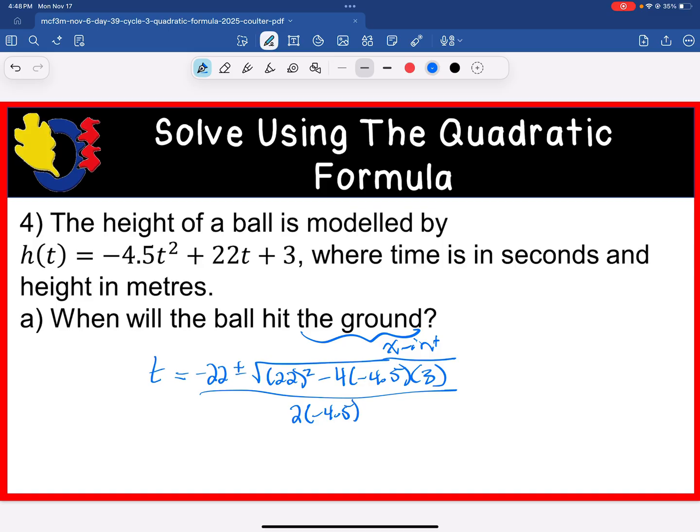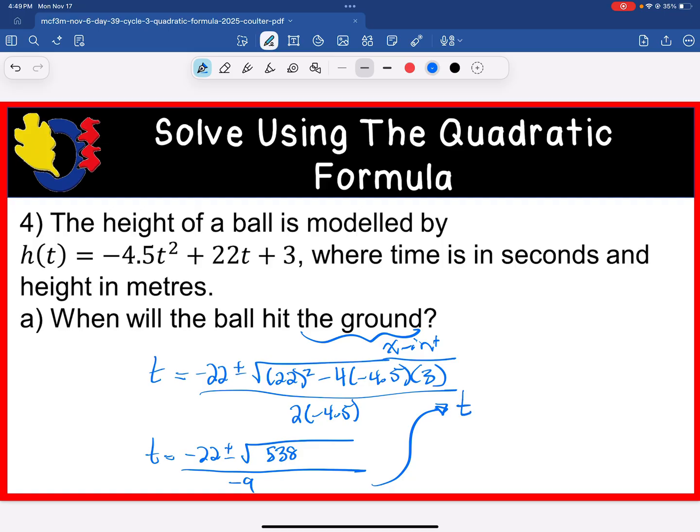Okay, if we go ahead and plug that in, t is equal to negative 22 plus or minus the square root of 484 plus 54, so that's 538, over negative 9. So we get two possibilities here.